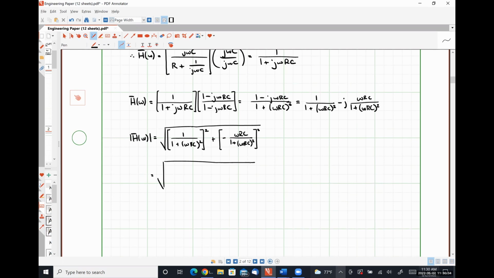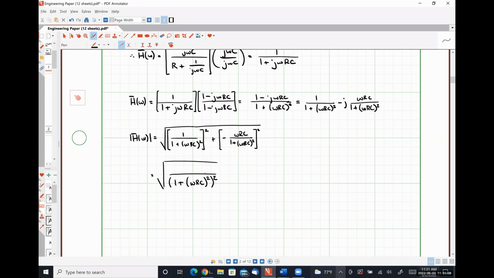So in my denominator, I'm going to expect to see 1 plus omega RC quantity squared, and then that whole quantity squared, right? Because I'm squaring that denominator term, and it's common to both the real part and the imaginary.